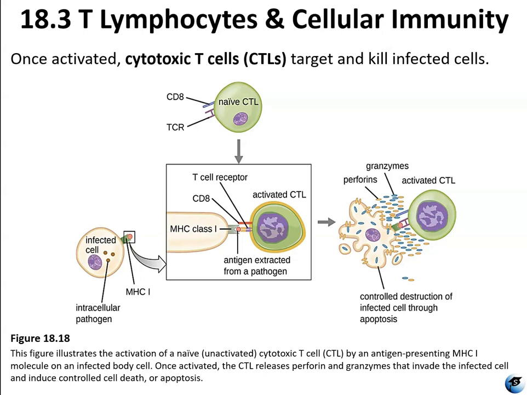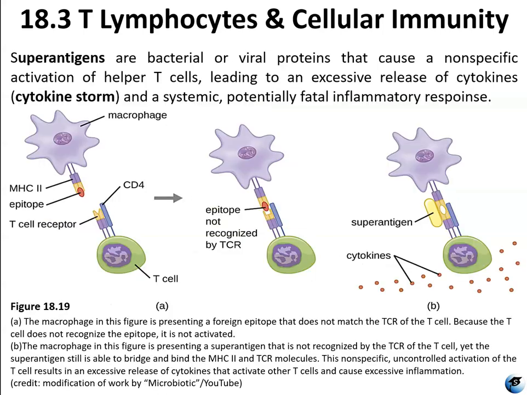The cytotoxic T cell releases perforin and granzymes that invade infected cells and induce controlled cell death. Controlled cell death is called apoptosis.